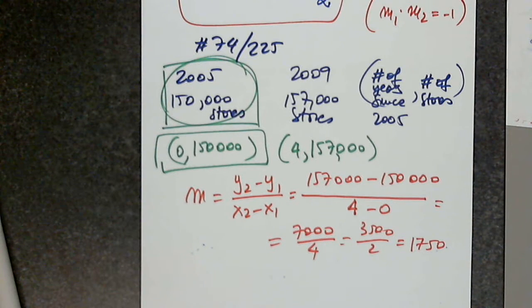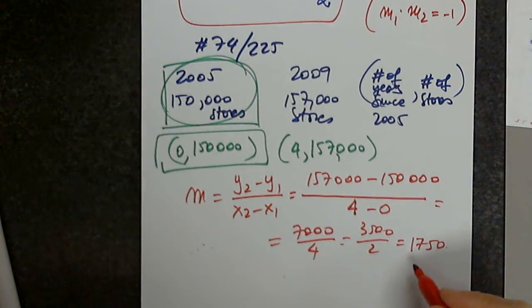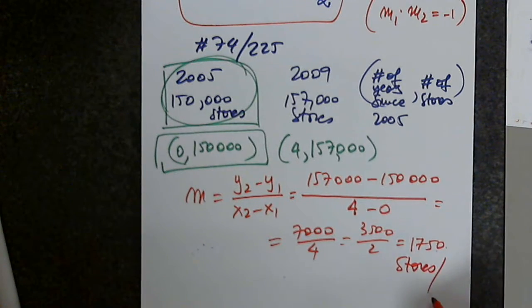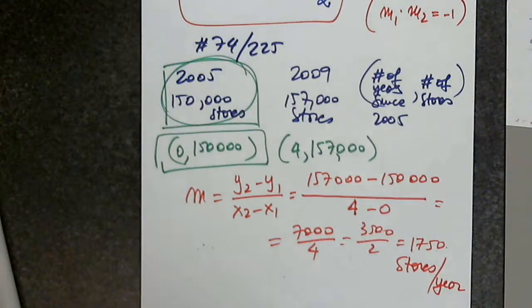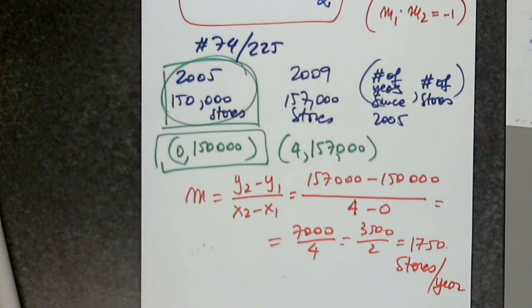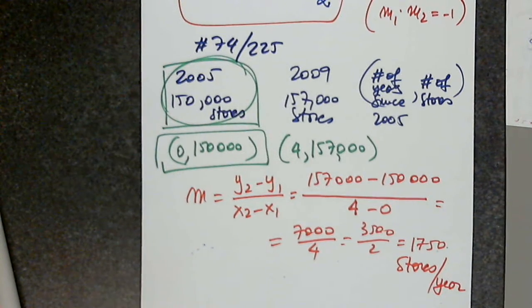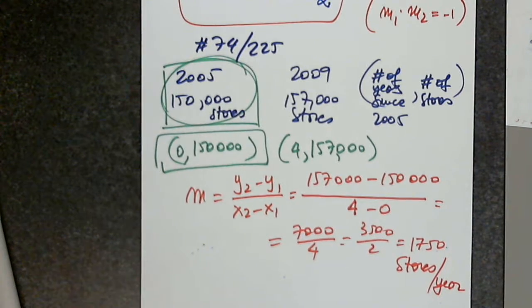Stores per year. Exactly. Number of stores per year. So what does it mean? The total number of stores increased per year by how many? Now I have the slope.